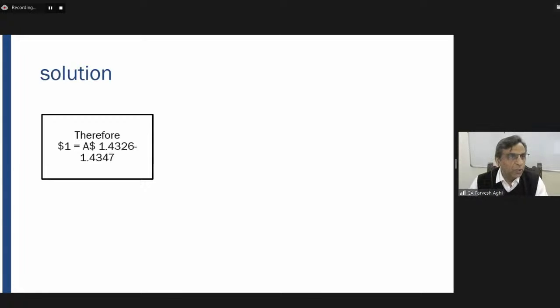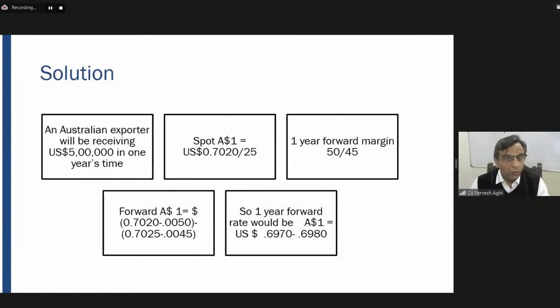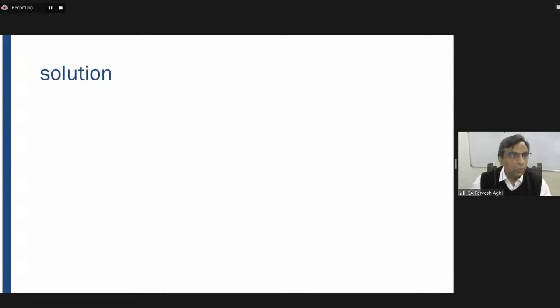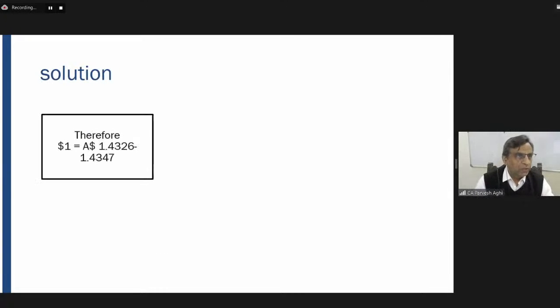Since this quotation is in terms of Australian dollars, but he is going to convert his $5 lakh into Australian dollars, he needs a dollar code. So we'll convert the Australian code to the dollar code. Therefore $1 will be equal to A$1.4326 dash 1.4.